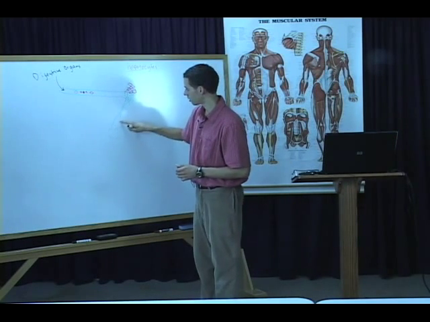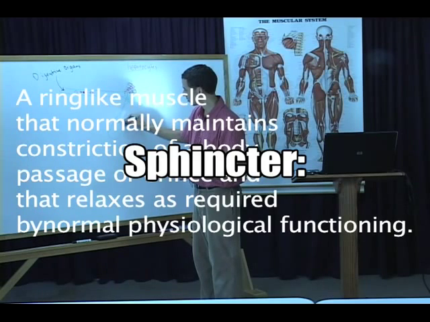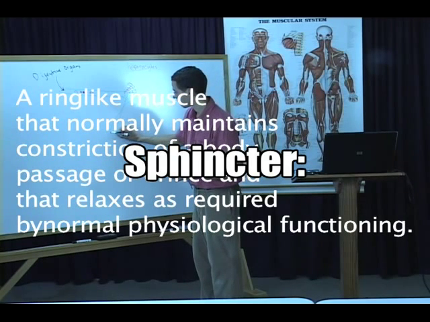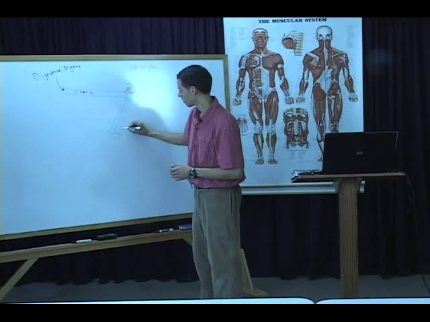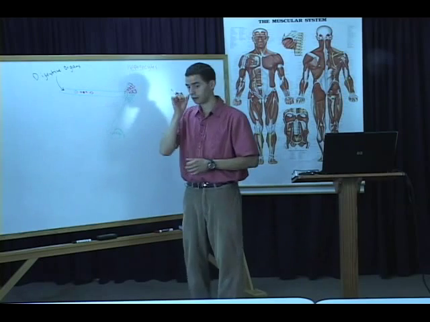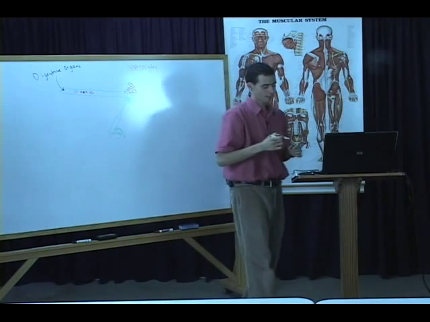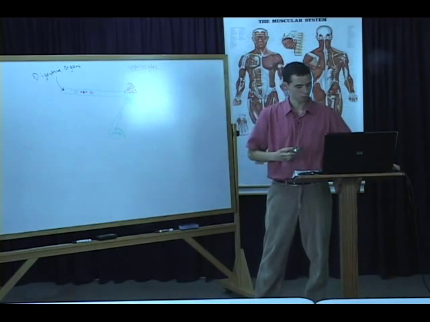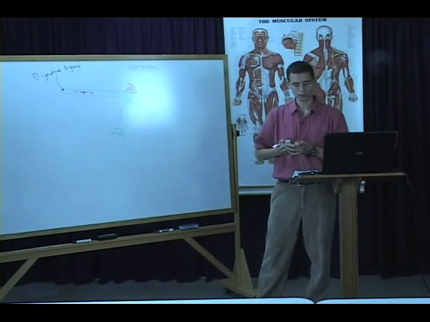I'm sorry, it's not quite that big. None of my drawings are really to scale. So, this is the gallbladder. And there's a duct here going into the duodenum, and there's a little sphincter here.